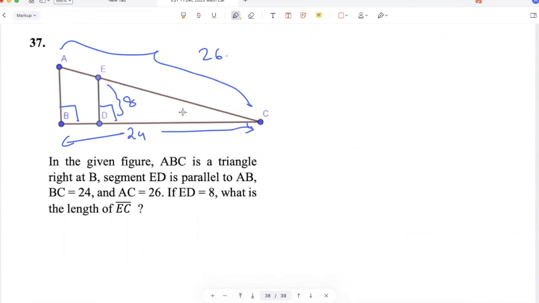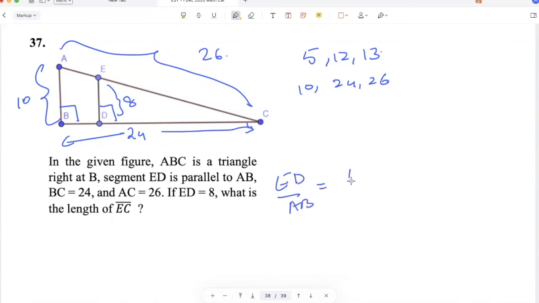Okay, so we have 5, 12, 13 as a Pythagorean triplet. So 10, 24, 26 is another triplet. So AB is 10. So then ED by AB will be EC by AC by similar triangle property.